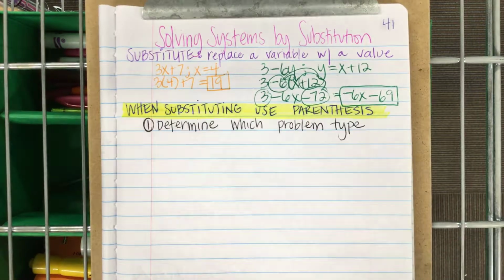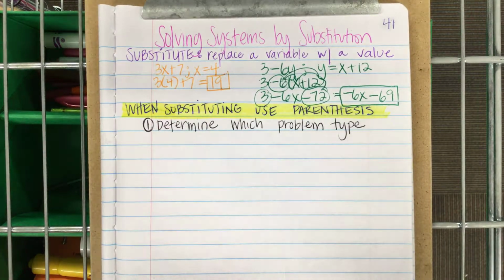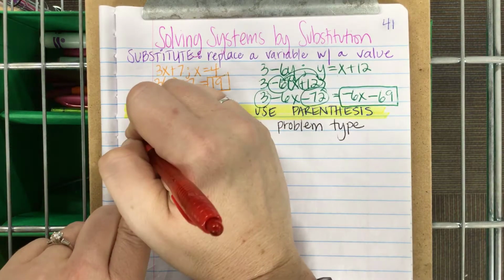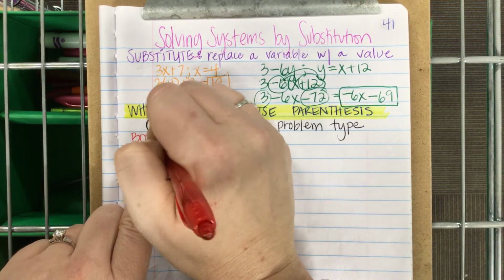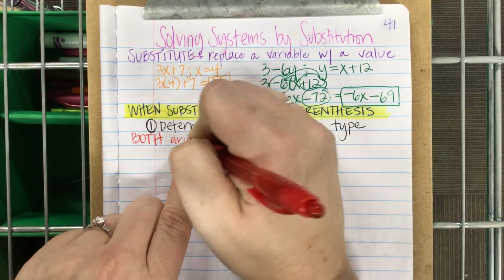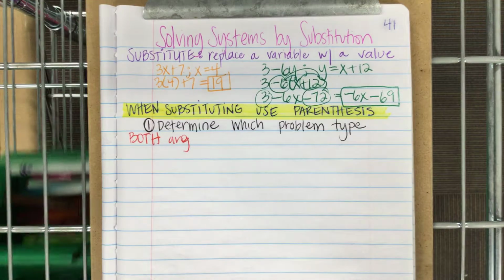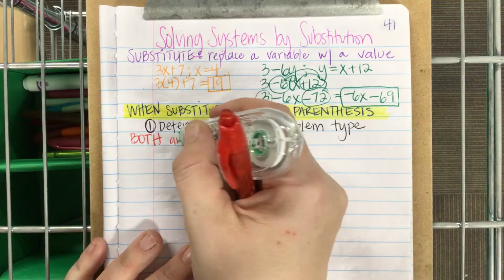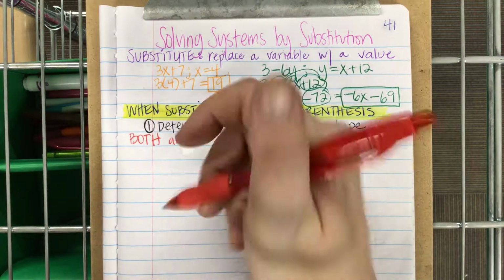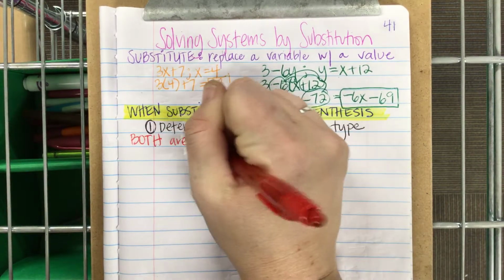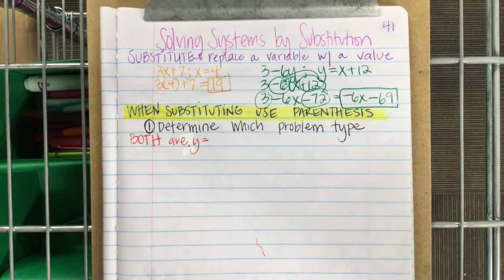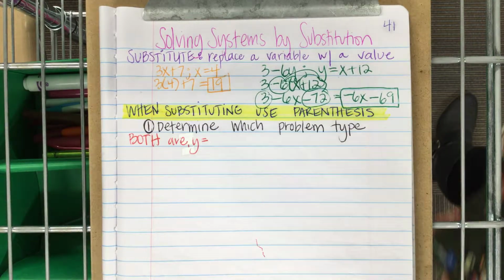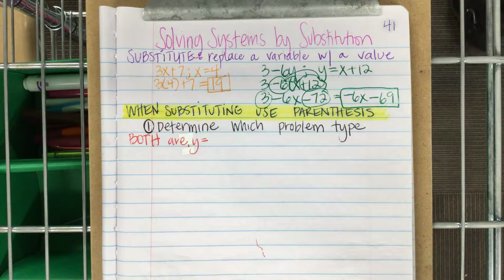There are 2 types of problems. The first type is both problems are y equals. Both problems are going to be written in the form y equals, and then the rest.